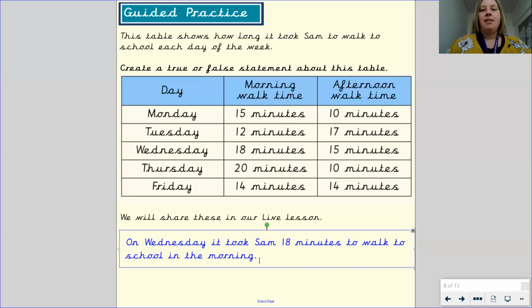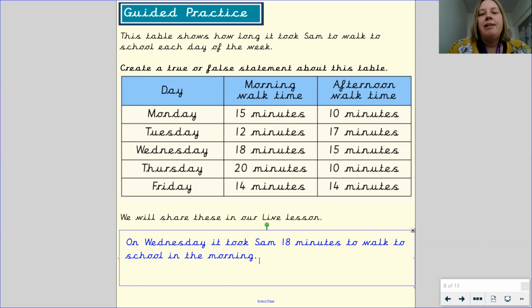Then I need to write something about the table that is false. So something about the table that is incorrect. Let me have a think. On Friday morning, it took Sam 14 minutes to walk to school, and 20 minutes on Thursday.